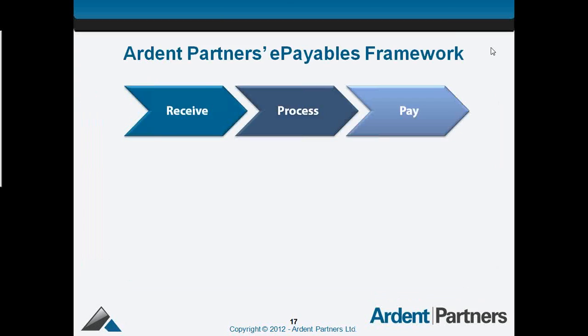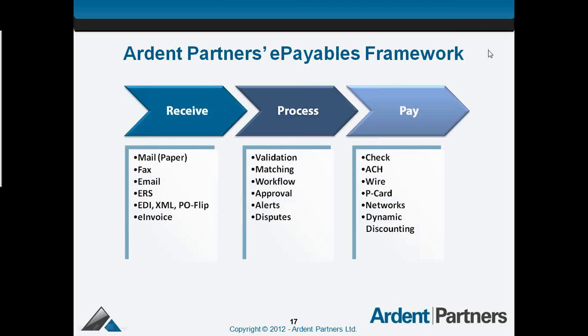Just a little bit about our framework and how we think about things. Our definition of ePayables is shown here on the screen, and is fairly simple, and it's kept at a higher level. We think of ePayables as the solutions or services that automate all or part of the AP process.